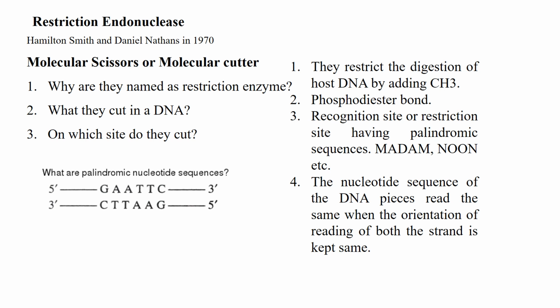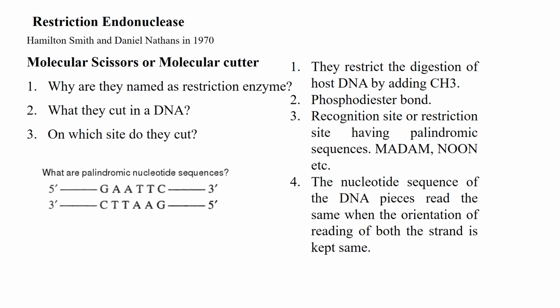The palindromic sequences maintain some orientation. If I read these sequences in the 5' to 3' direction, I have to read in the same orientation in the other strand of DNA.